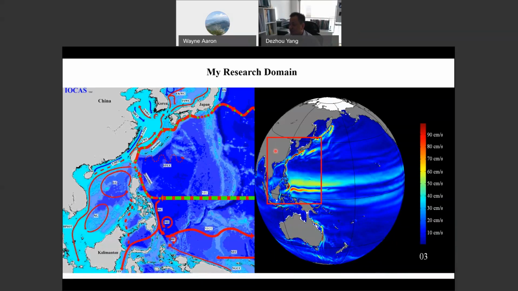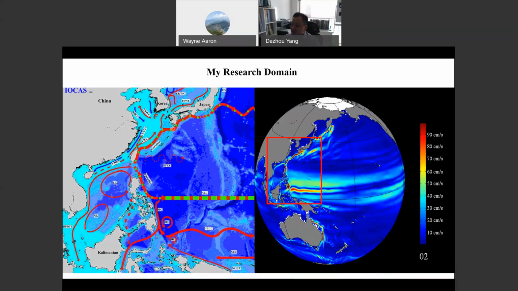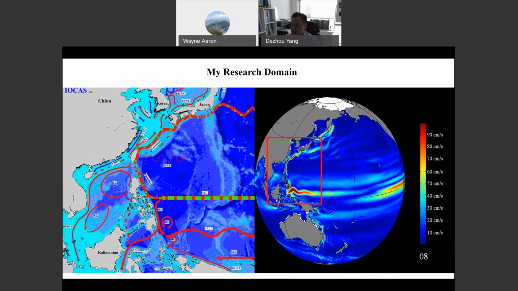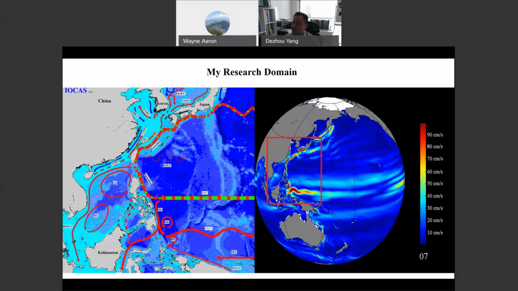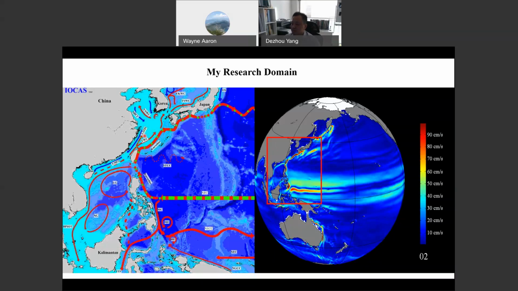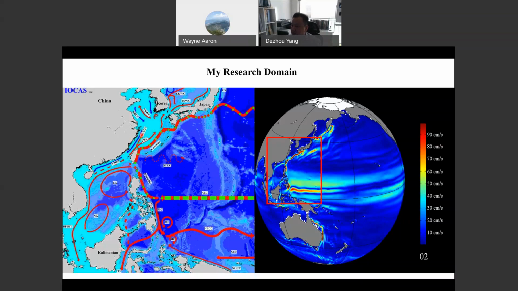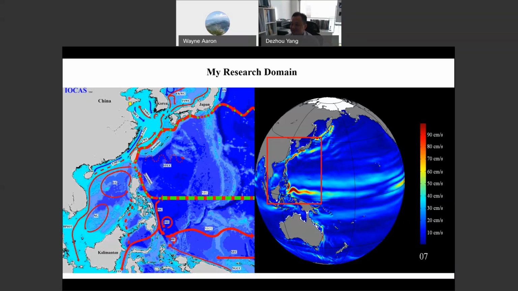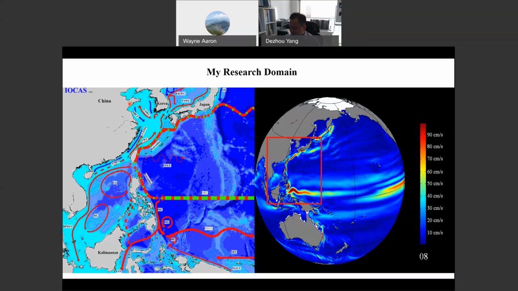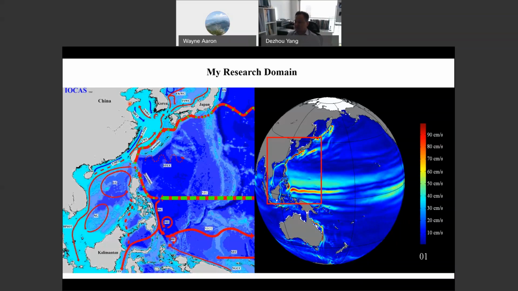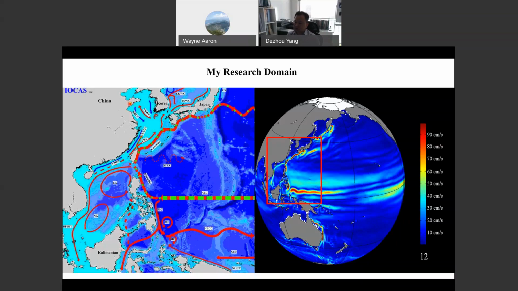If we zoom in on this box, we can find there's a very strong west boundary current, the Kuroshio current, and to the west of this west boundary current is the East China Sea, and I'm here. My office lies here. My interest is the interaction between the Kuroshio current and the continental shelf.